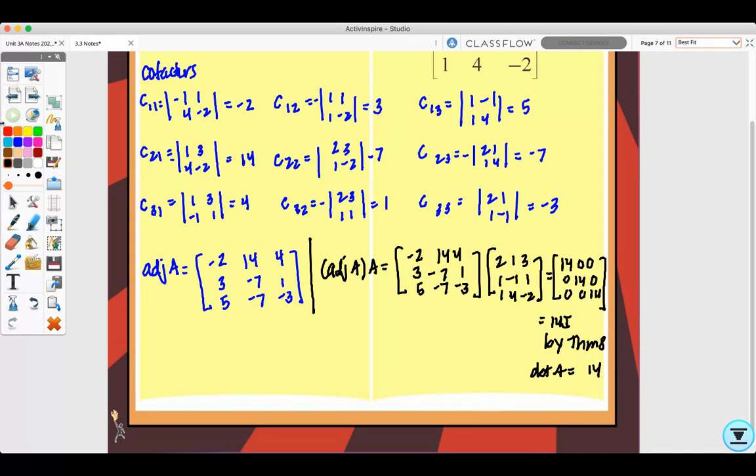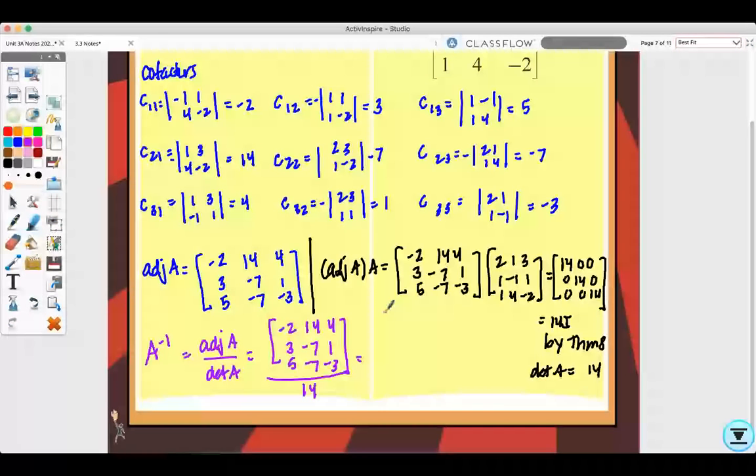So now to find A inverse would be the adjoint of A divided by the determinant of A, which would be -2, 14, 4, 3, -7, 1, 5, -7, -3, all divided by 14. So you're going to have lots of fractions.